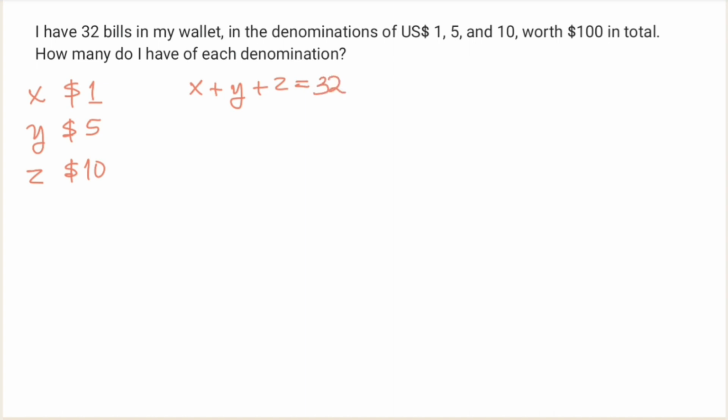But then, because the total value of the bills we have is $100, we know that if we multiply the number of $1 bills we have by the value of $1, so we have x of that, that's 1x, plus the value of the $5 bills will be 5y, plus the value of the $10 bills is 10z, and this is also equal to 100. So these are the two equations we have. We can label them as equation 1 and equation 2.